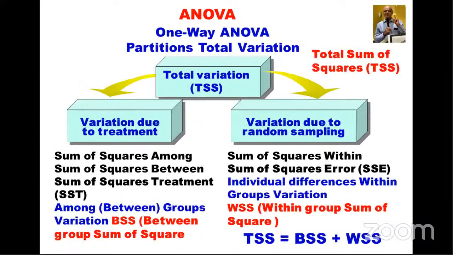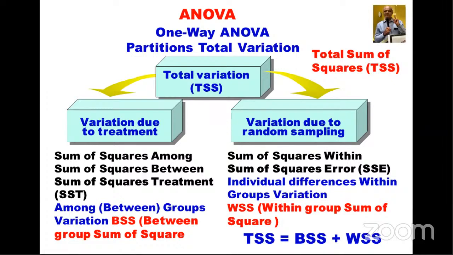Okay, so I'm going with the main component. Participants, please pay attention to this. This is one of the important slides in ANOVA, one-way ANOVA. We know that ANOVA measures the variation. Now there are two types of variations. One is variation due to the treatment.